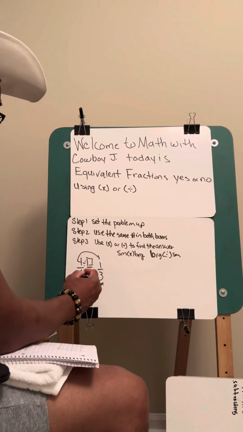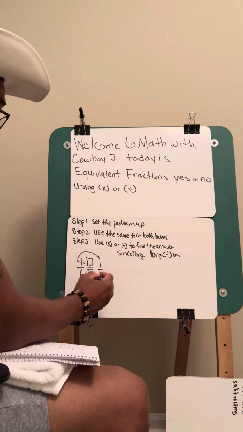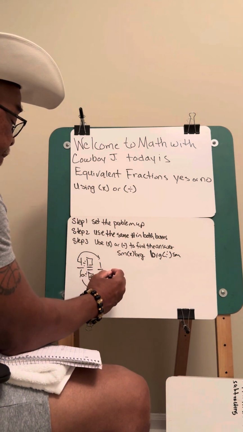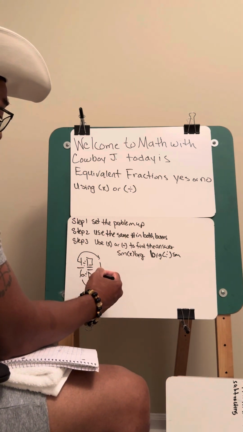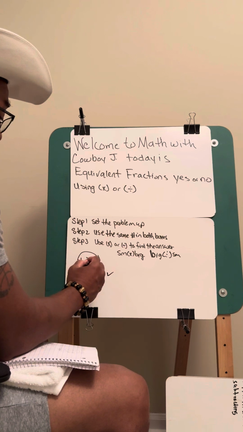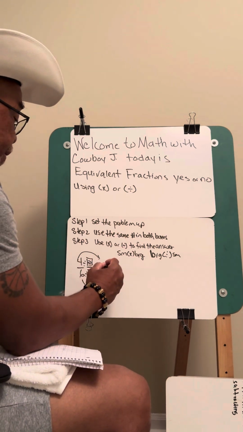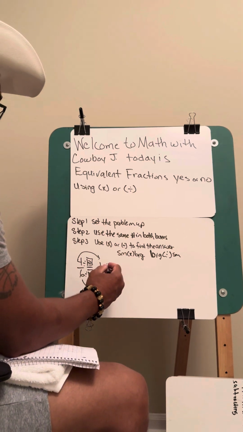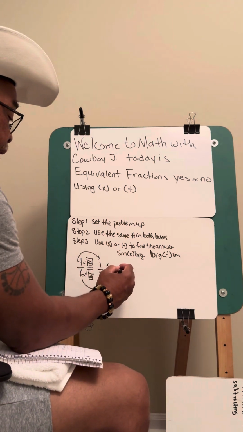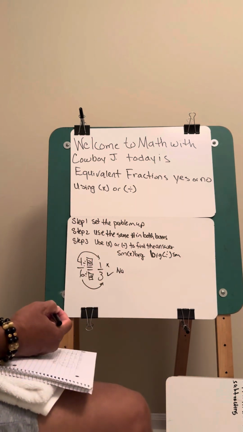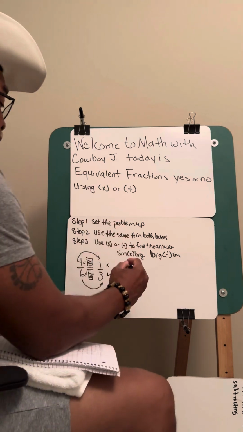I know that 6 divided by 2 is 3. 4 divided by 2 is not 1. So I have an X in the check. The answer is no, they're not equivalent.